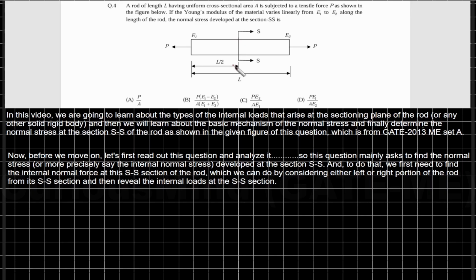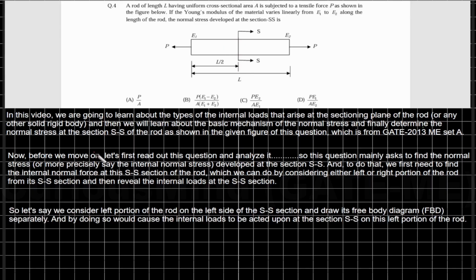Alright, so let's say we consider left portion of the rod on the left side of the SS section and draw its free body diagram, FBD, separately, and by doing so would cause the internal loads to be acted upon at the section SS on this left portion of the rod.